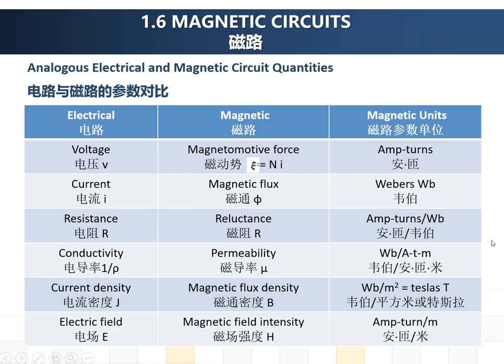The unit of reluctance is ampere turns per Weber. Analogous to electrical conductivity, we have permeability in magnetic circuits. The unit of permeability is Weber per ampere turn meter.